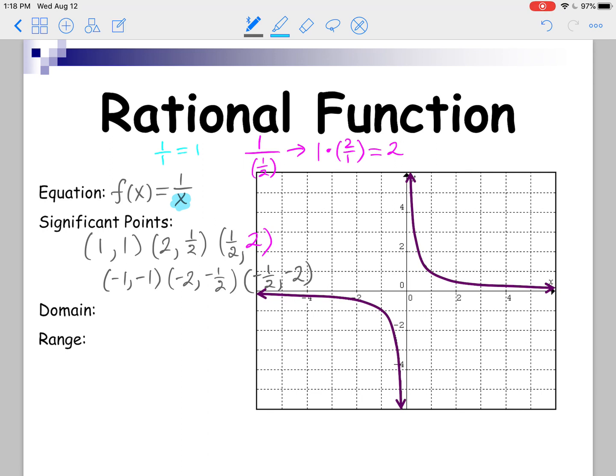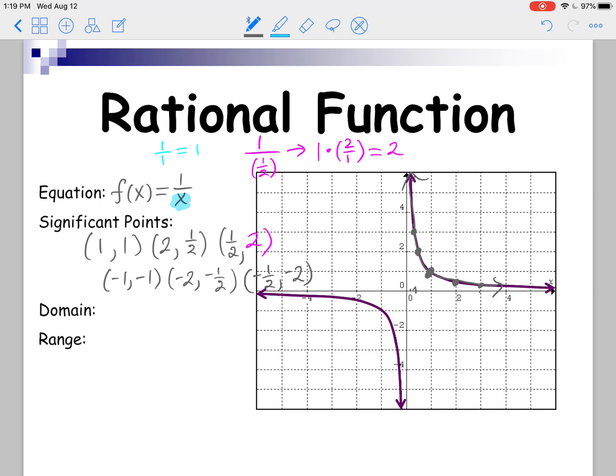And so when we look at these points, we have the point 1, 1, 2, 1/2, and then the point 1/2 takes us back to 2. Similarly, we would have 3, 1/3, and then 1/3 would give us the 3. And so that's why we get this branch of the function right here.